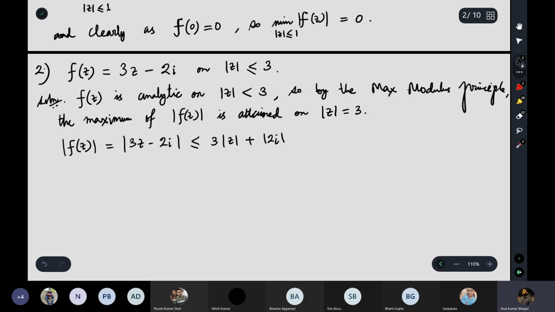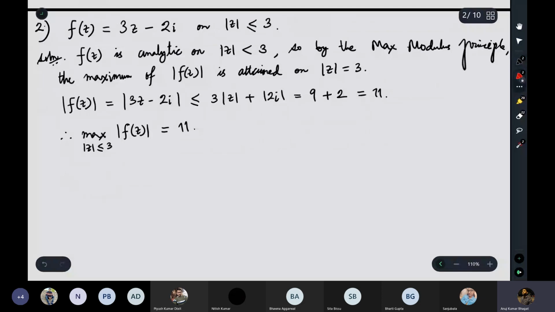Mod z is 3, so this is 3 times 3, which is 9, plus modulus of 2i, which is 2, and this is 11. So you can conclude that the maximum of this on mod z less than or equal to 3 is nothing but 11.